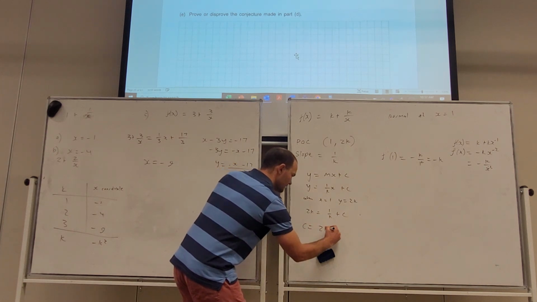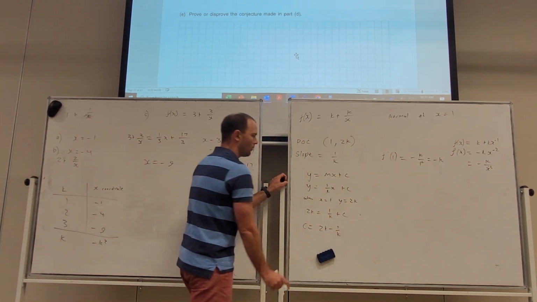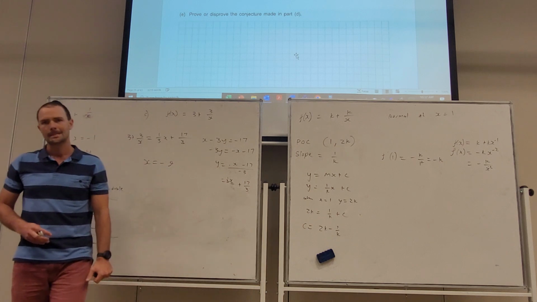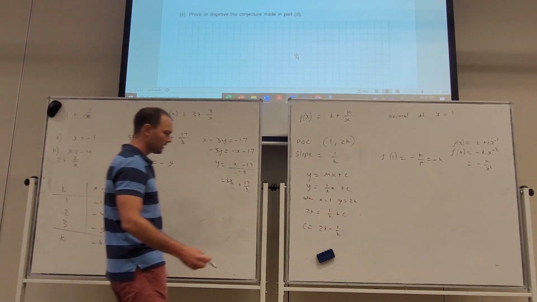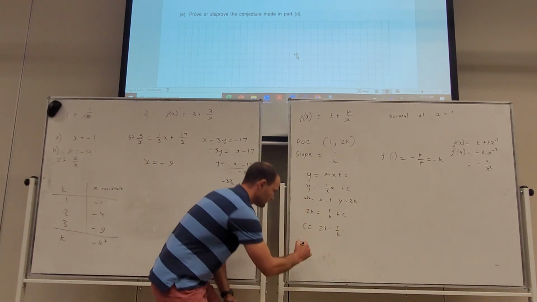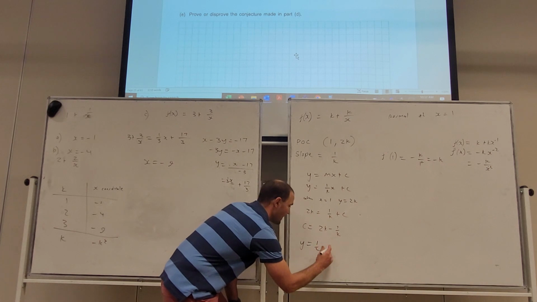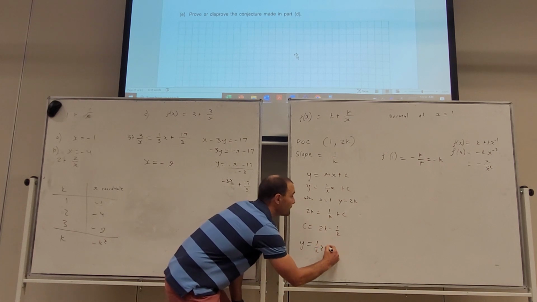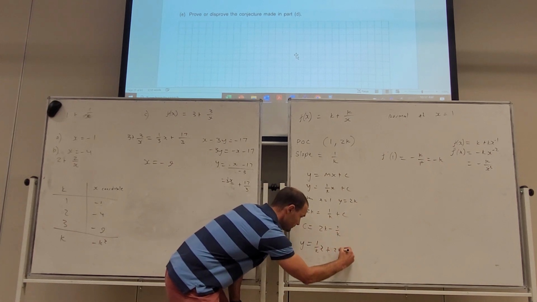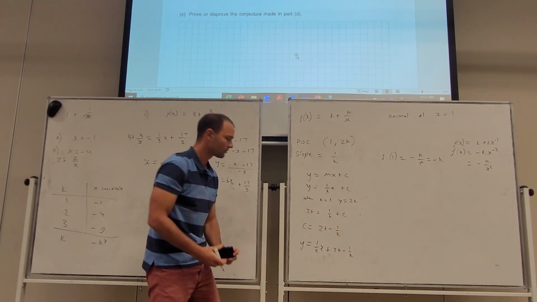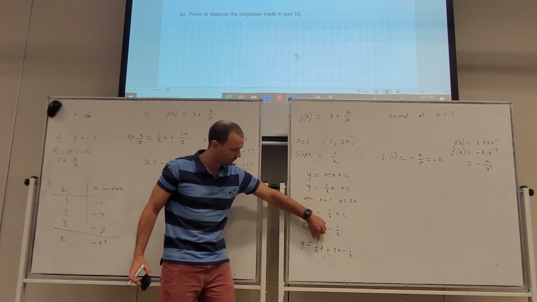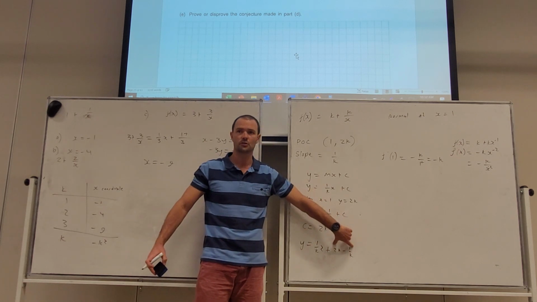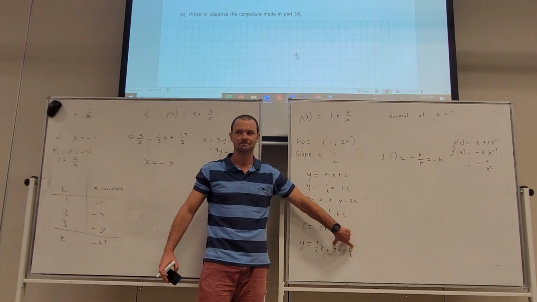So we have c is 2k, take away 1 on k. All right, so all of that is to say the equation of the normal then is y equals 1 on kx plus 2k take 1 on k. Y equals mx, the slope is 1 on k, the y-intercept of the normal is 2k take 1 on k.